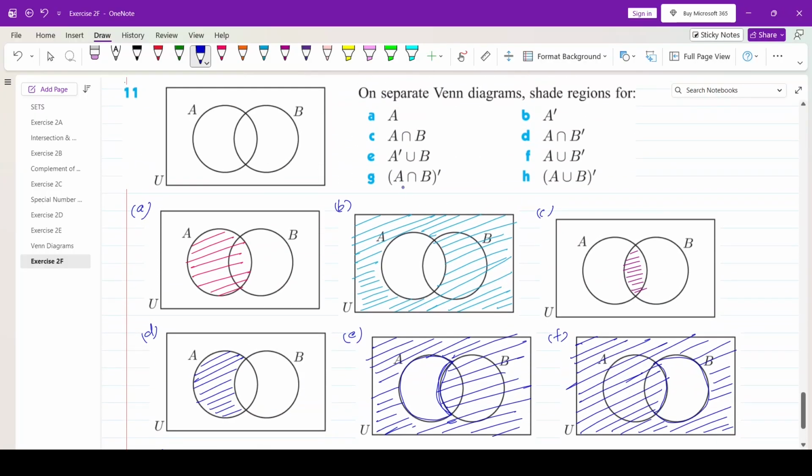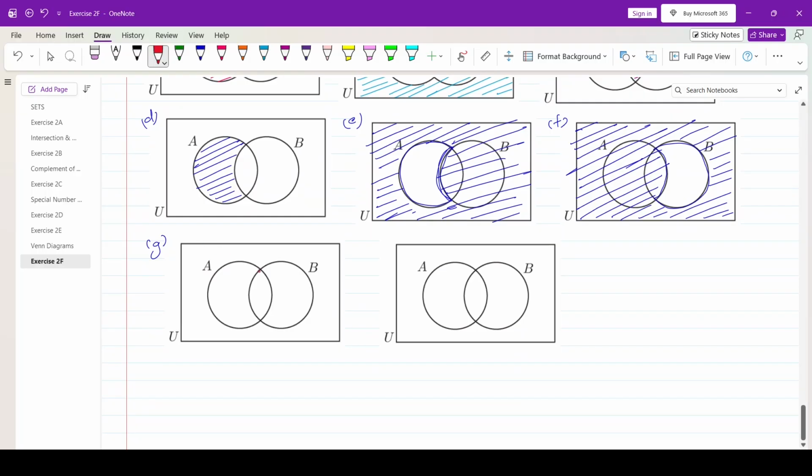Part G says A intersection B complement of whole thing. So we know A intersection B is this, and outside this is the part the question is asking. So it will be everything outside this part.